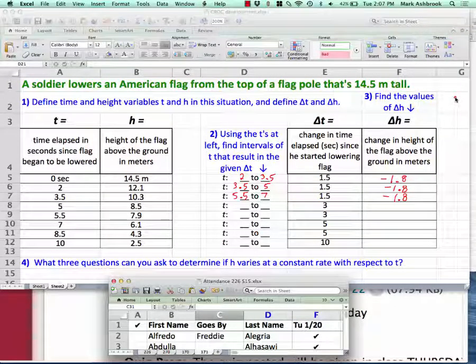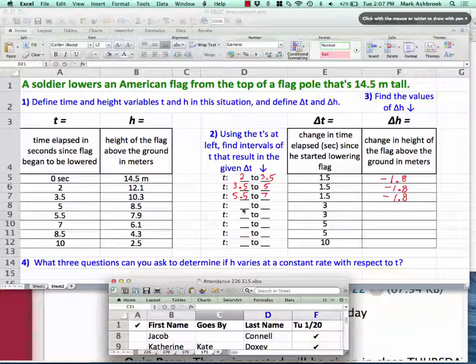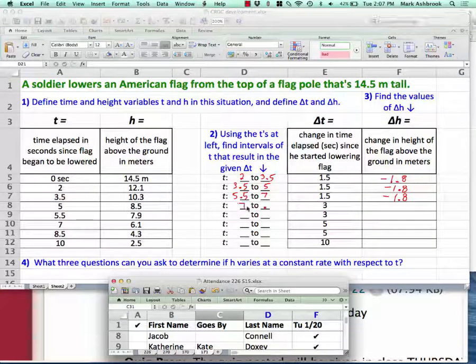Okay, somebody new. How about John? Tell me about a delta t of 3. What did you get for starting and ending values of t? 7 to 10. Did you get another one? 5.5 and 8.5.